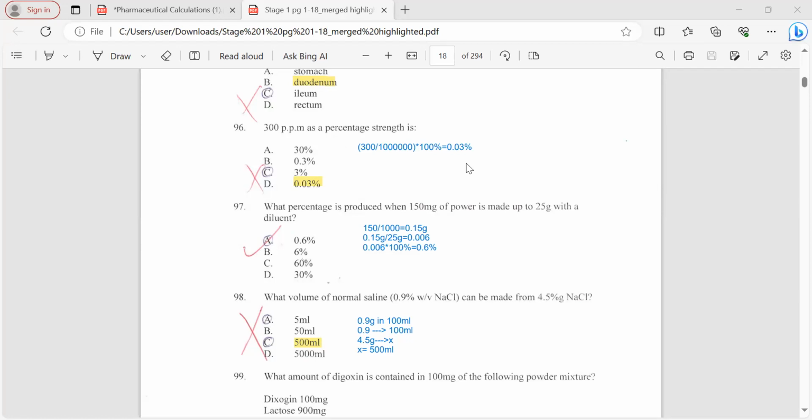If it's weight by volume, those are grams in 100 ml of solution. Or if it's weight by weight, it's those grams in 100 grams. That's what percentage concentration is.